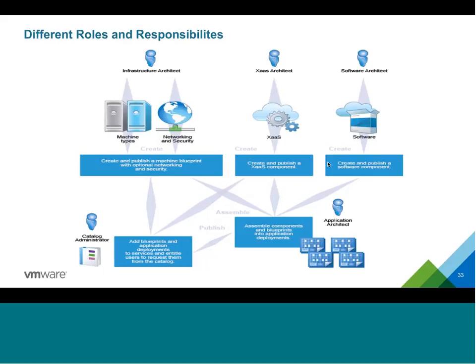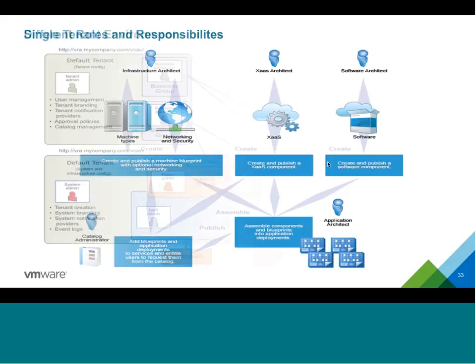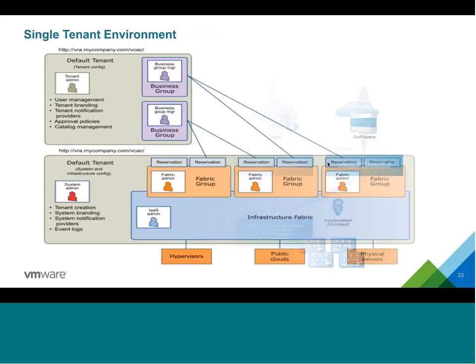In the vRealize Automation cloud environment, typically we talk about tenants. The moment you deploy a vRA environment, by default, a default tenant is created for you. You log in there as a system admin. System and infrastructure configuration is what you do from there.